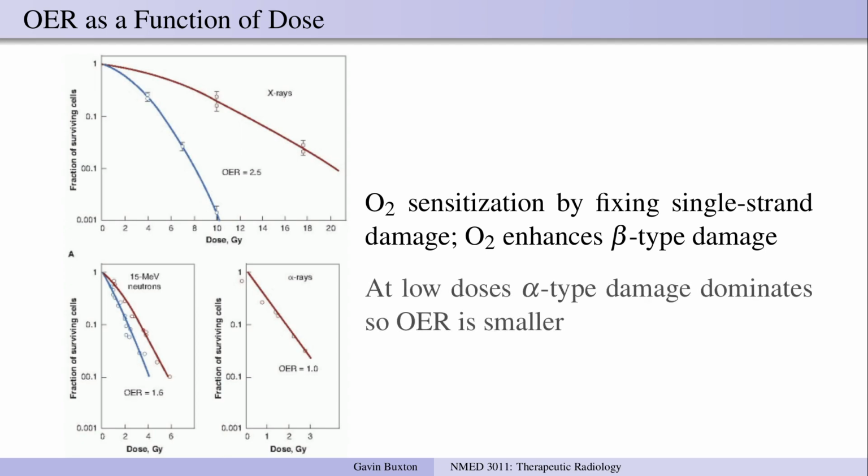Furthermore, high LET radiation causes predominantly alpha-type damage, and there isn't any oxygen effect observed for high LET radiation damage. This can be seen in the comparisons of the oxygen effect for X-rays, neutrons, and alpha particle irradiation.